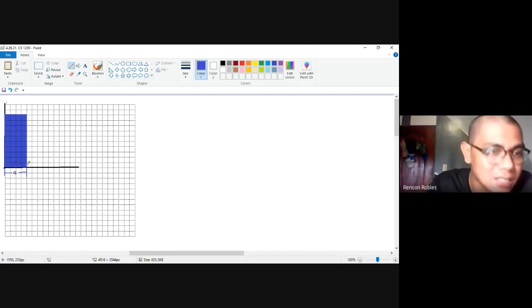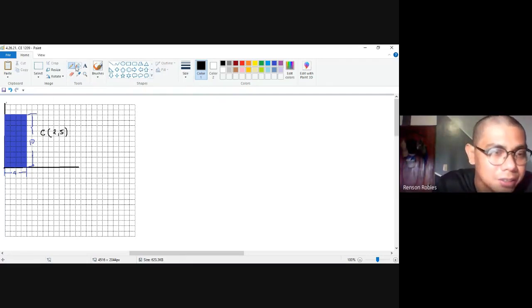Next, the height: 1 to 10, so the half is 5. Therefore, the centroid is located at 2, 5.